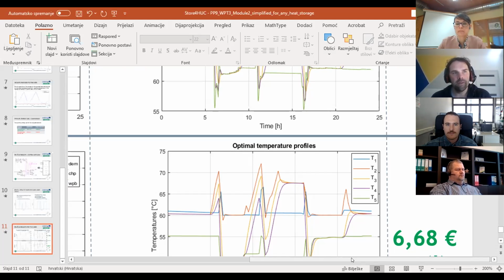This would require, even in this simple version without considering stratification of the storage, certain adaptation of this simple model. Yes, so that's what I wanted to show about the Bračak site and to comment on these results a bit. Are there maybe some additional comments or questions regarding this?